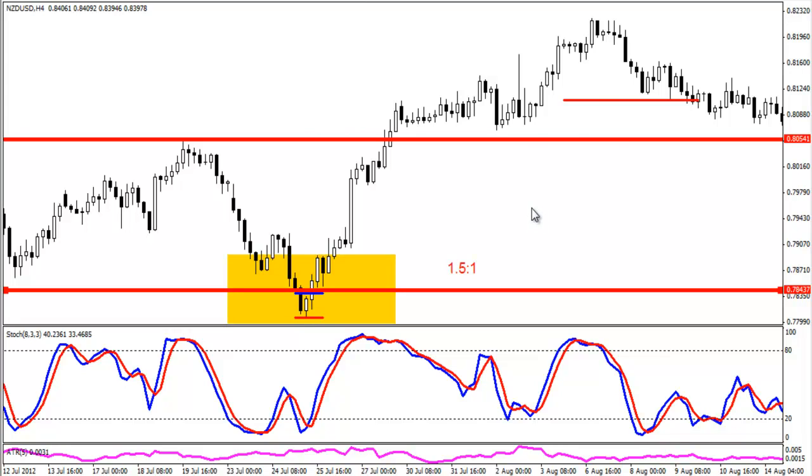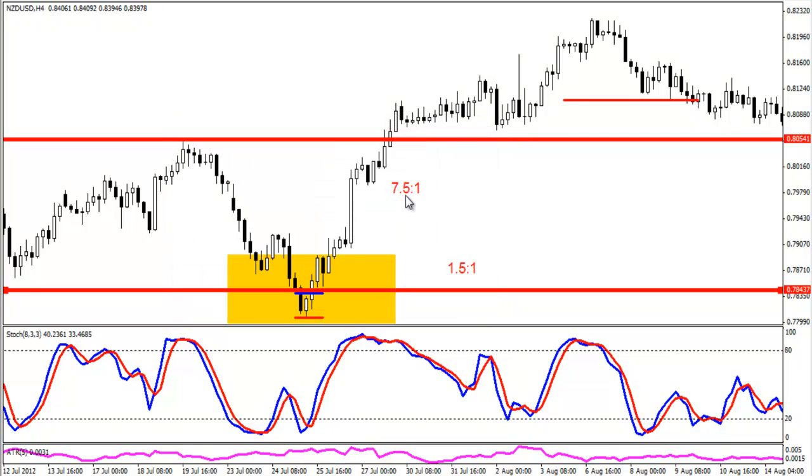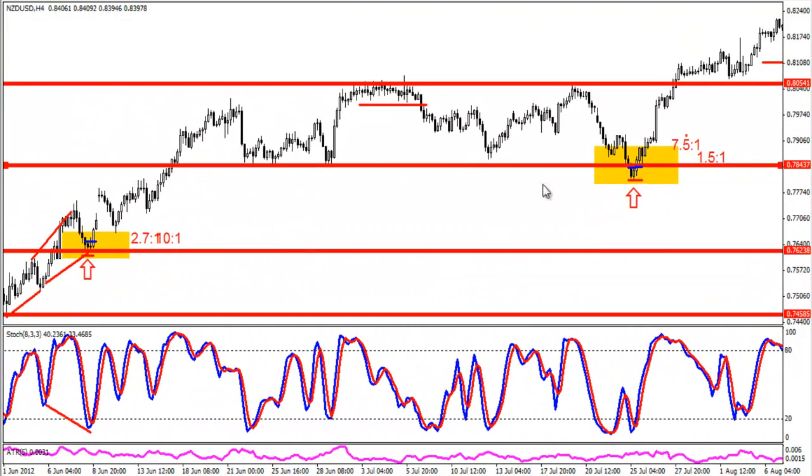It's interesting to note that that's actually around about a 7.5 to 1 reward to risk. So suddenly we've turned trades that were 1.5 to 1 and 2.7 to 1 into 10 to 1 and 7.5 to 1.